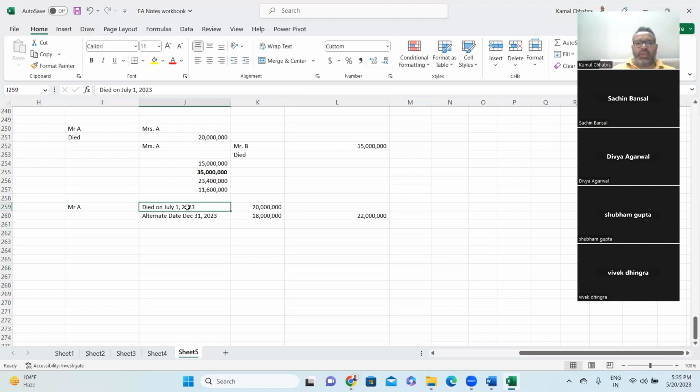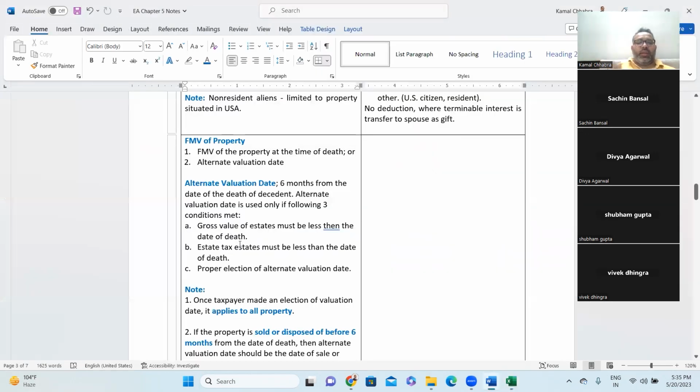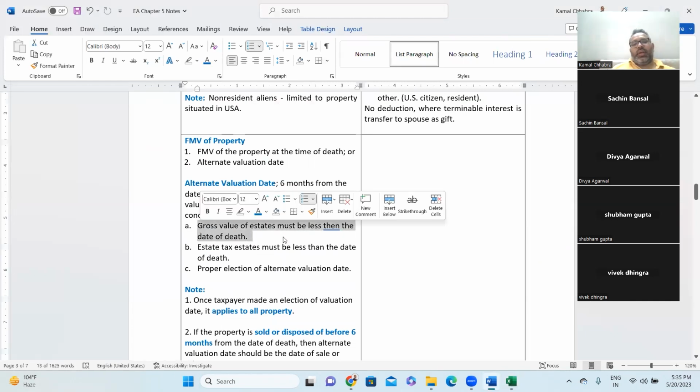Mr. A died on 1st July 2023. On that date, the value of the estate was $20 million, right? And now as an estate, you choose 31st December as the alternate date, which is 6 months from the date of death. On that date, the value of the estate may be either $18 million or $22 million. Let's assume these two examples, and let's see what it says. The gross value of the estate must be less than at the date of death.